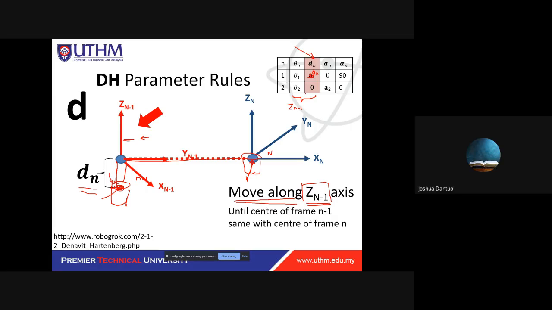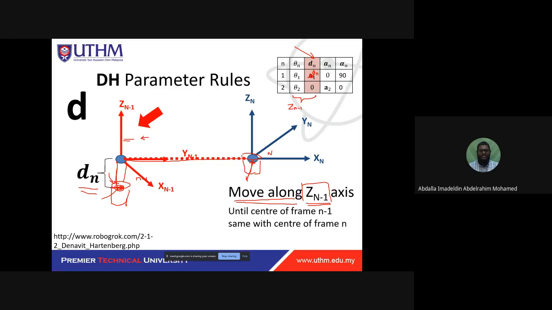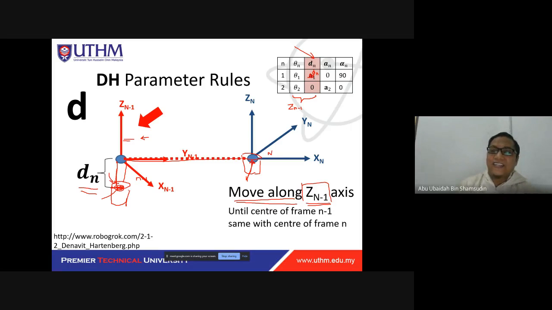Okay, we finish the second parameter. Do you have any questions on this parameter? I guess no. Good.